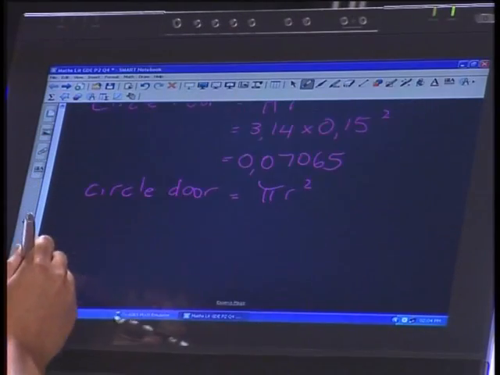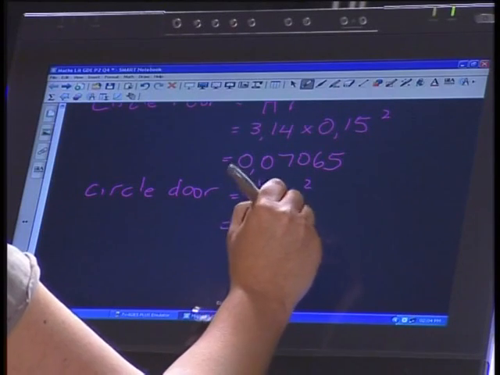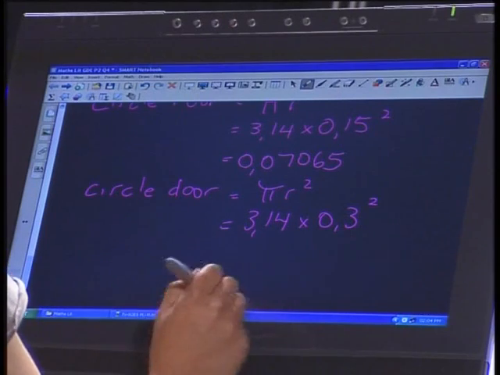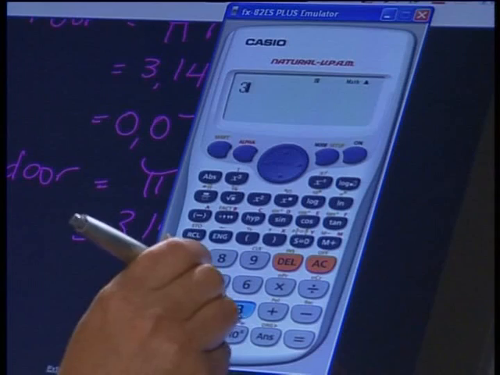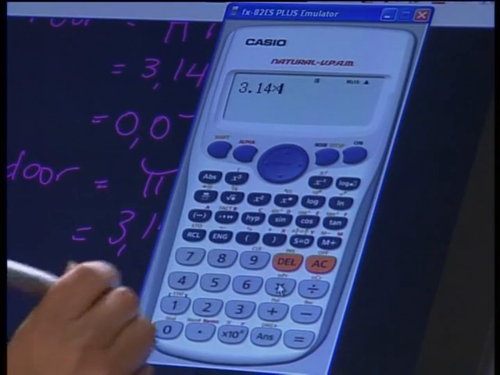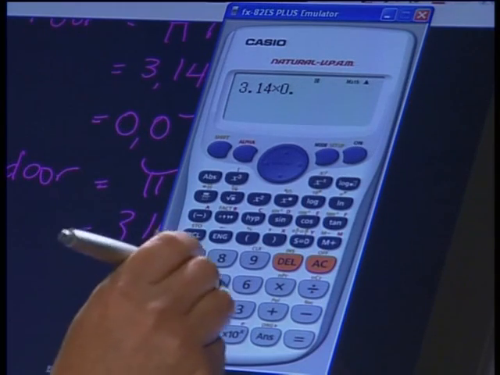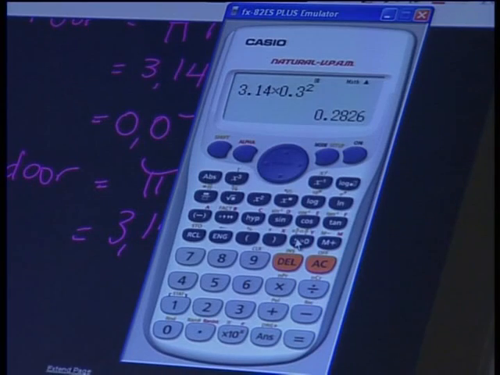So I'm going to work out this area of the door, which is 3,14 times 0,3 squared. Right, let's do that on the calculator. So I've got 0,2826. Oh, you're ahead of me. 0,3 squared, what did you say, 0,2826? Yes. That's what you got.